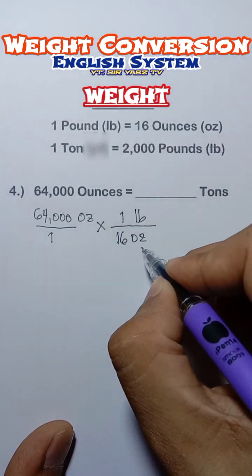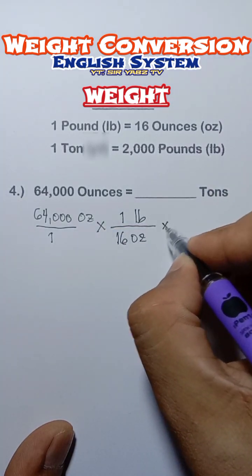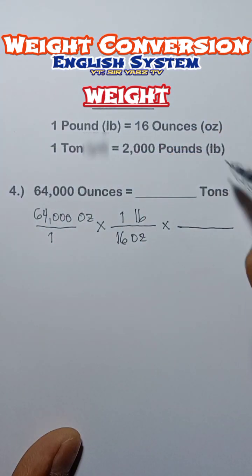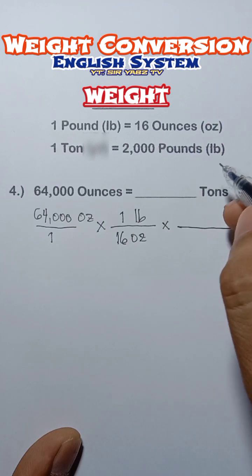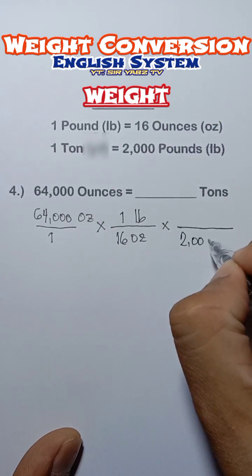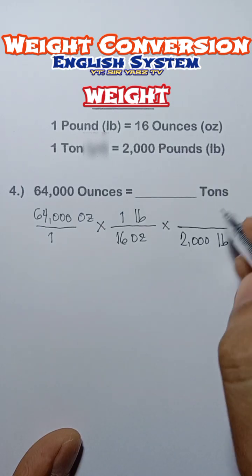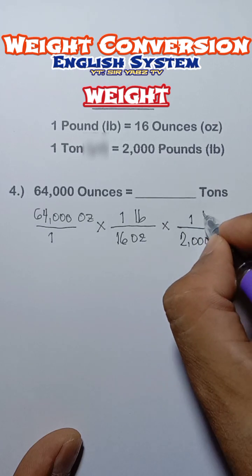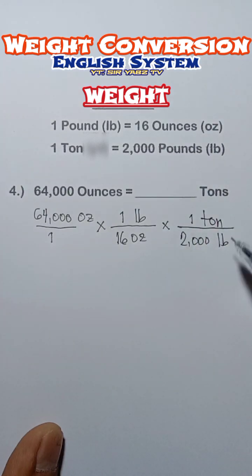Then we need another factor, so that's the time we have to use 1 ton and 2,000 pounds. So the numerator will be 1 ton. That is our unit. So we have 1 ton over 2,000 pounds.